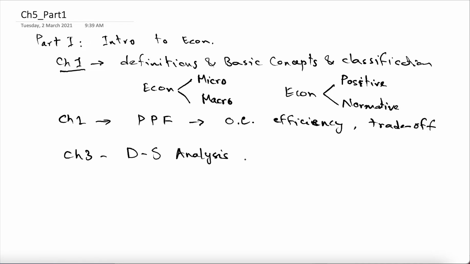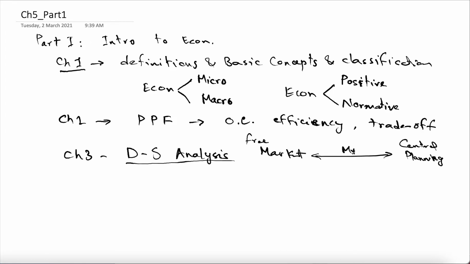So market mechanism is one of the things, we would call it demand and supply, or market mechanism. Free market, that's also free market. And then on the other side, it's the central planning or government directive. There is also a mix of them. So we focused in chapter 3 on explaining this.